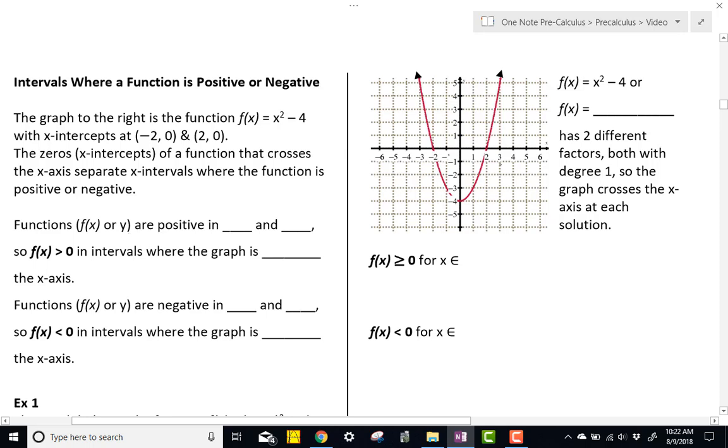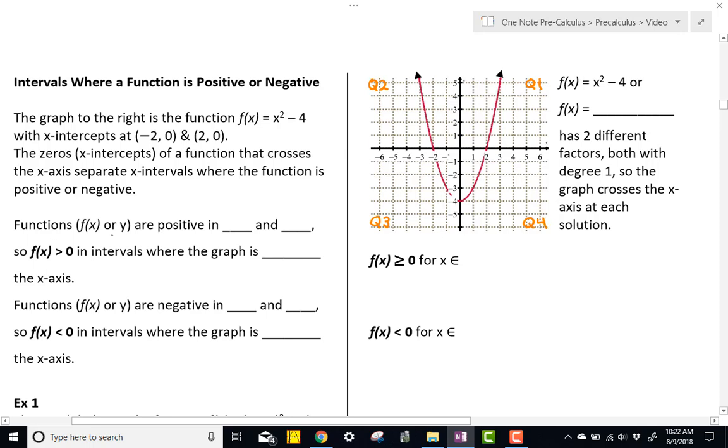So if you look at this graph, where this graph is positive is where the y values are positive, and that happens in quadrant 1 and in quadrant 2. The quadrants get labeled just like this: quadrant 1, 2, 3, and 4, they go in a counterclockwise direction.